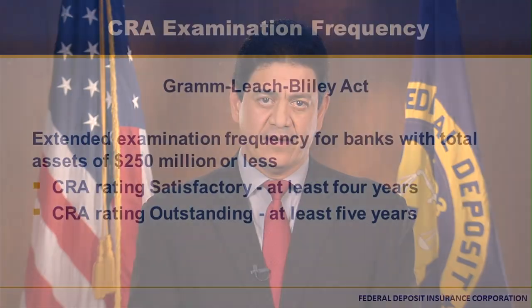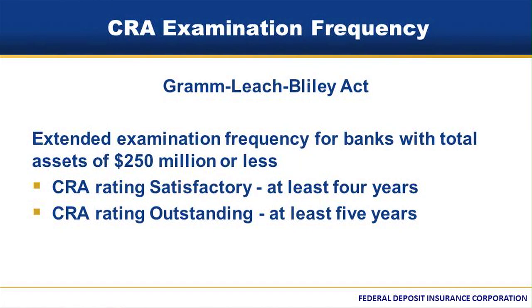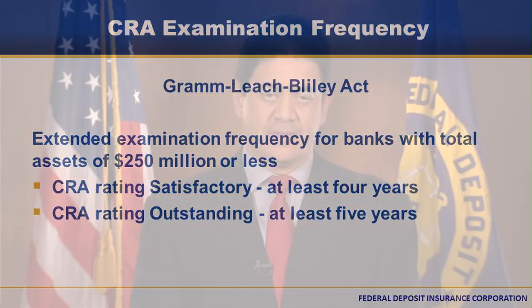The CRA examination frequency was altered as a result of the Gramm-Leach-Bliley Act in 1999. The Act extended the CRA examination frequency for banks with total assets of $250 million or less to at least 4 years if an institution has a satisfactory CRA rating, and at least 5 years if the institution receives an outstanding CRA rating.